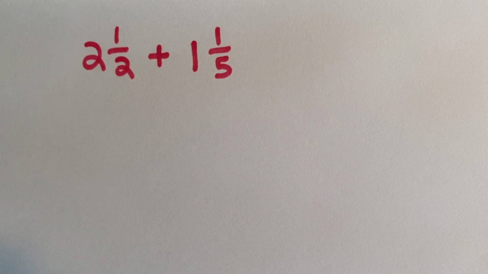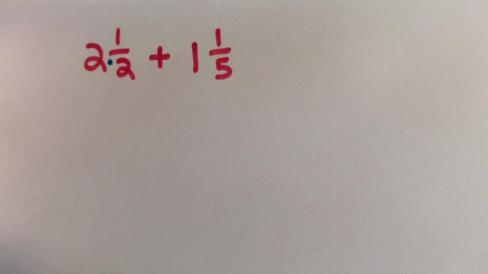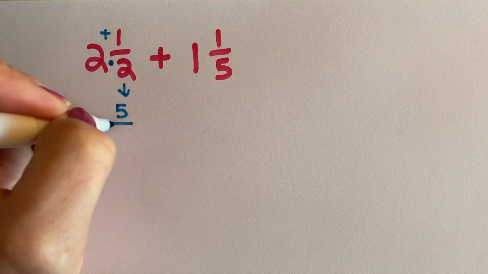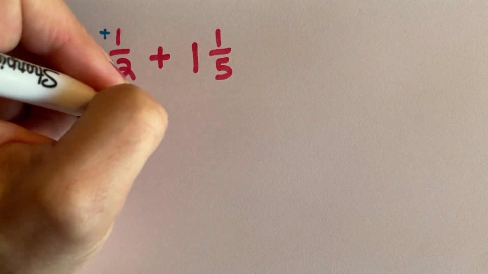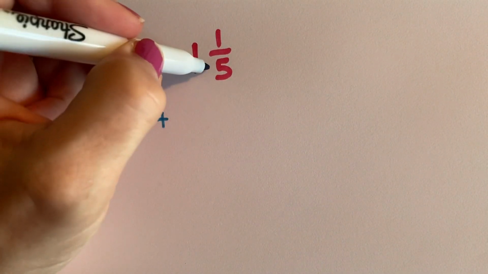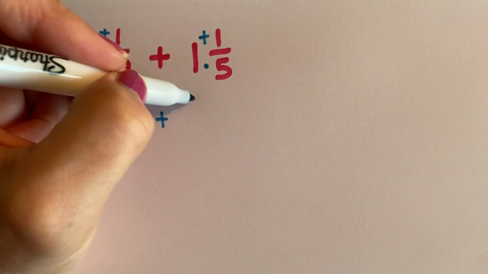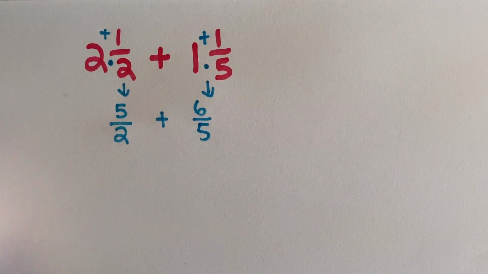So let's start by multiplying 2 times 2, which is 4, plus 1 is 5. So we'll start by writing 2 1/2 as 5/2. Plus, do the same thing over here. 5 times 1 is 5, plus 1 is 6. So we'll call this 6/5.